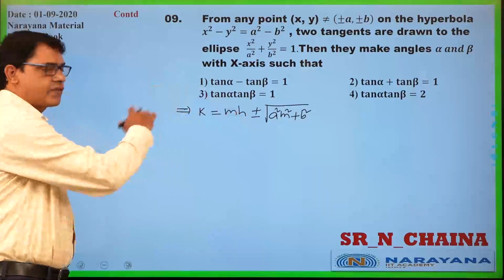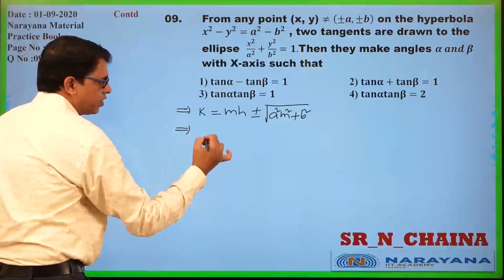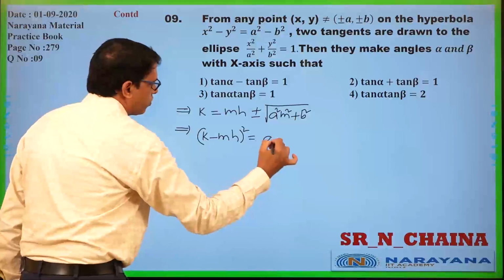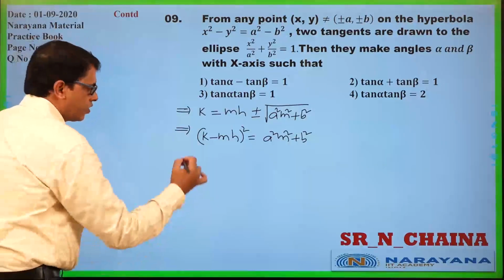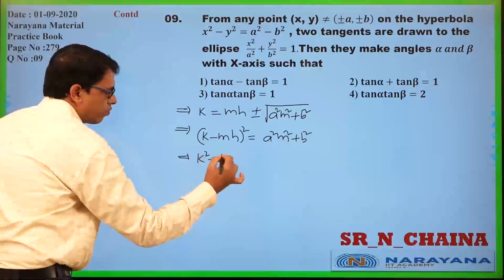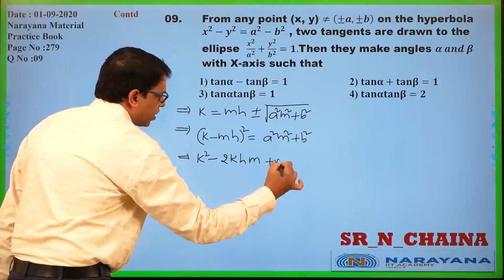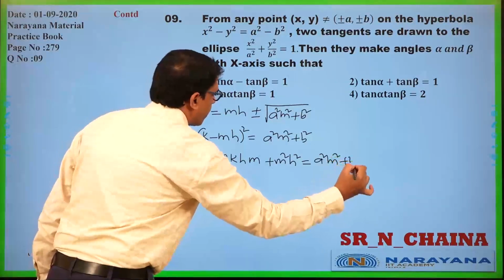See, bring this one to the left side and square on both sides. That implies k minus mh whole square equal to a square m square plus b square. Simplify this: k square minus 2khm plus m square h square equal to a square m square plus b square.